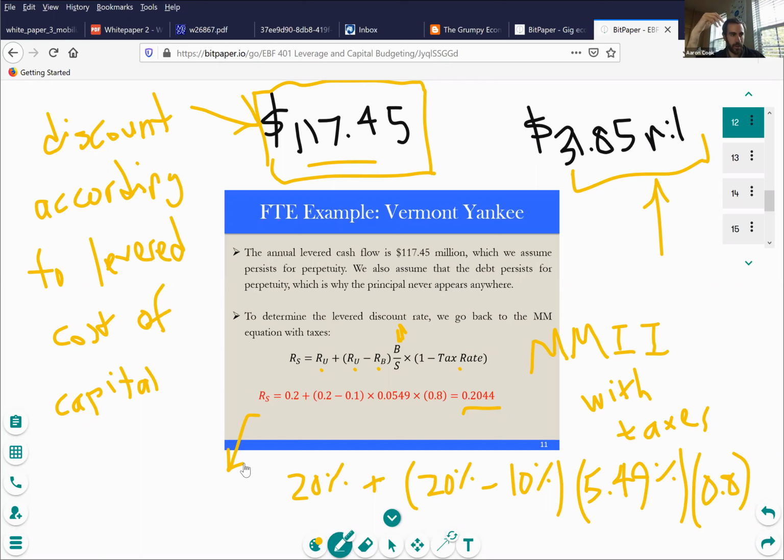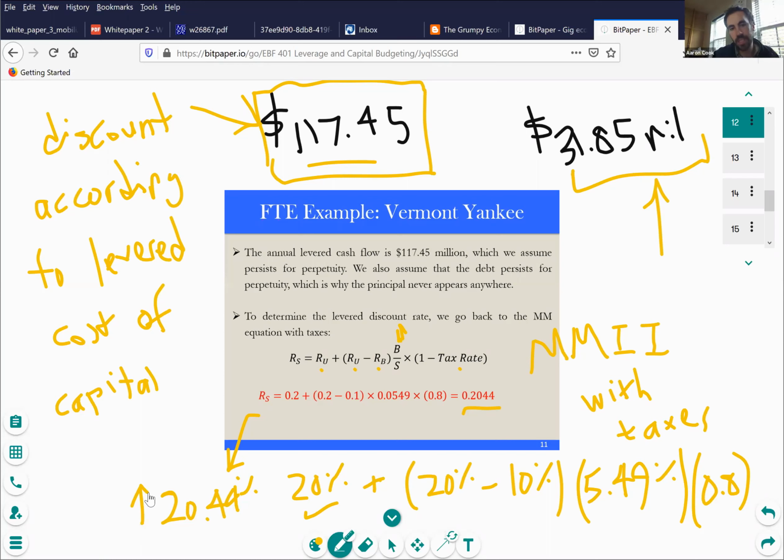In our capital asset pricing module, we saw that riskier things always require higher returns. In this case, our pre-leverage cost of equity capital was 20%. Now our post-leverage cost of equity capital has increased to 20.44%.